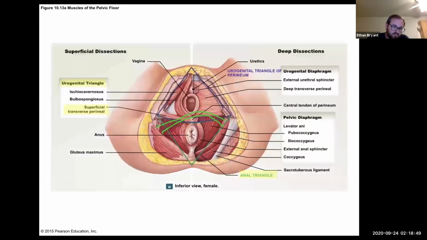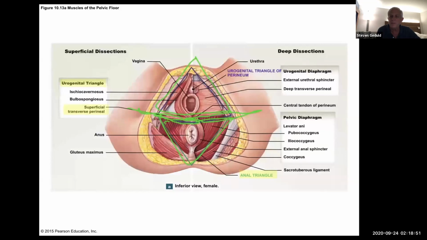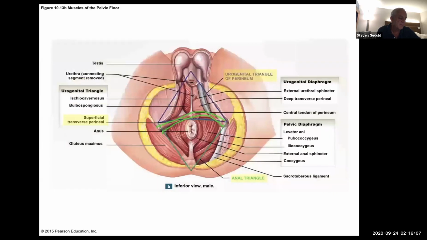But it's still the same muscle that divides these two triangles. It goes right between them. But it does appear on the way the picture is angled that the male is a little bit lower attachment than the female one.